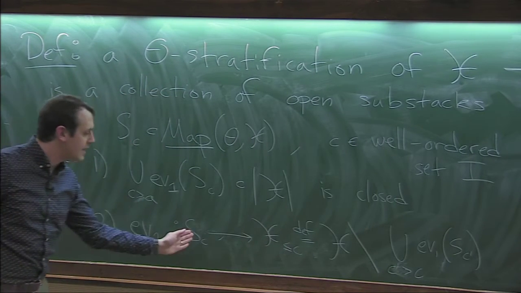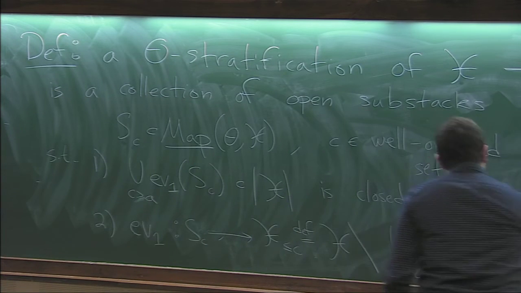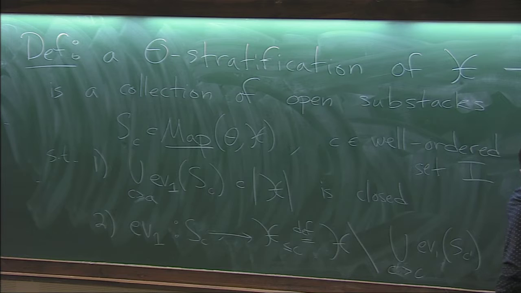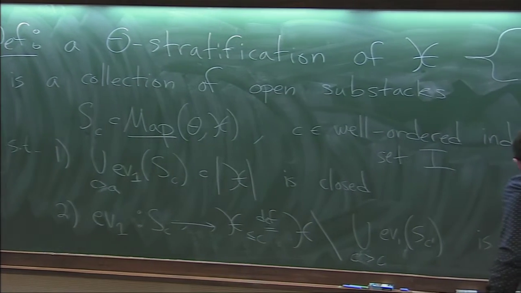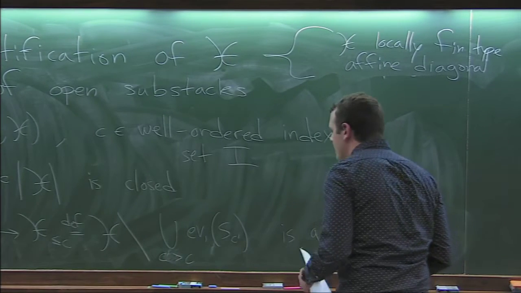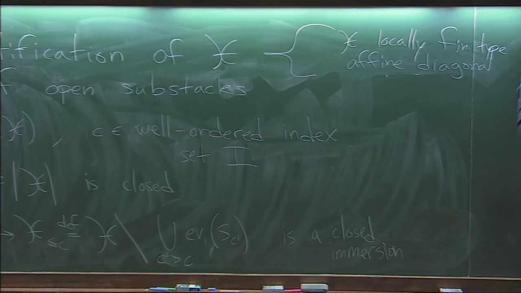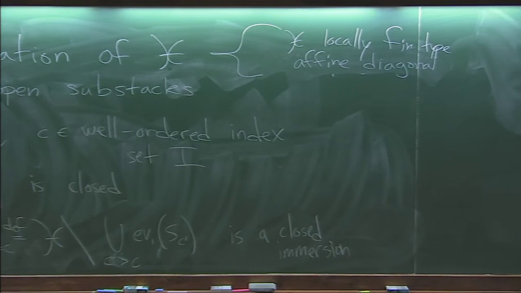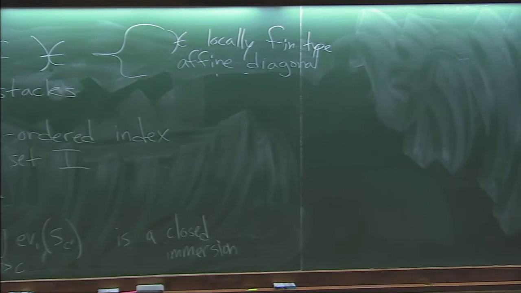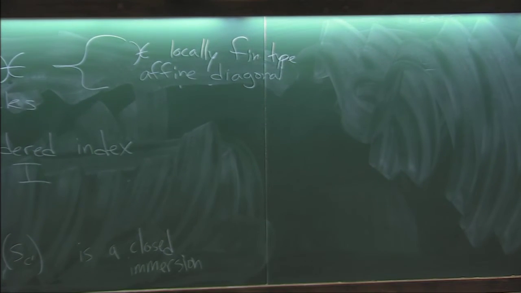And then if I take exactly C and look at the map to that open substack, it should be a closed immersion. This is just saying that the way the strata are ordered in the Harder-Narasimhan stratification is such that the closure of one stratum lies in that stratum union strictly more unstable strata. That's all that's saying.